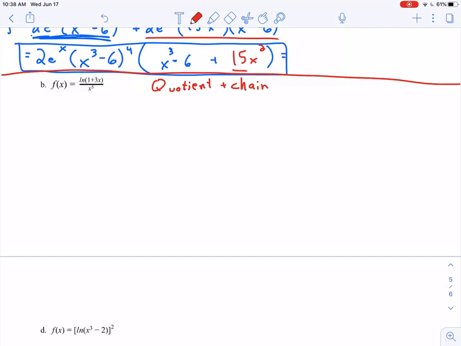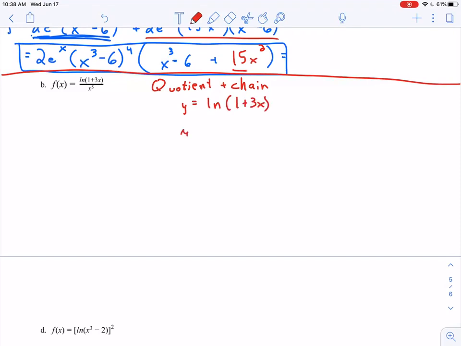So again, just like I did last time, I'm going to take these functions off to the side. And we used low and high, low d high, and all that jazz for quotient rule. I'm just going to use y, just because I don't want to worry too much about it. Y, or my high right here, would be natural log of 1 plus 3x.